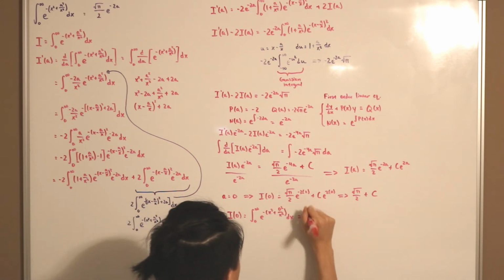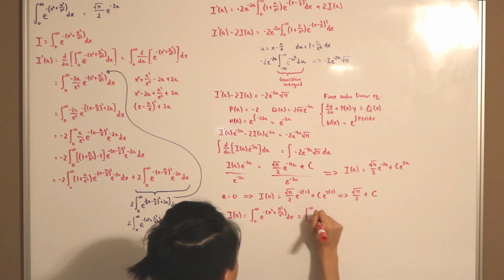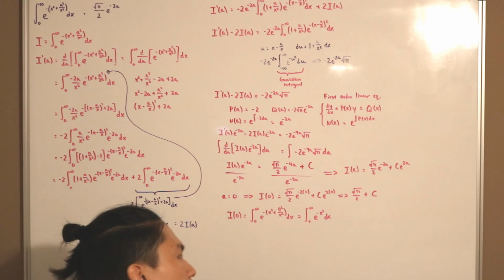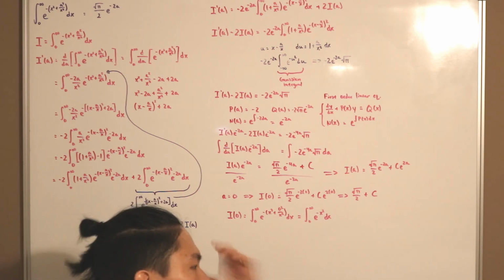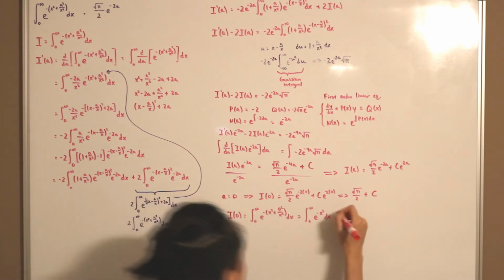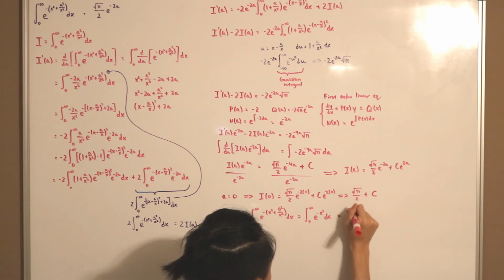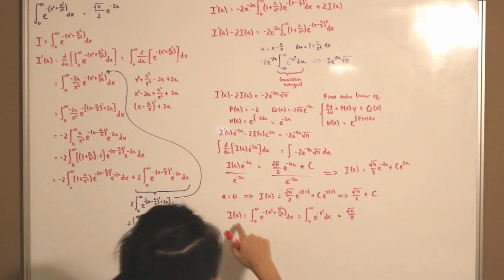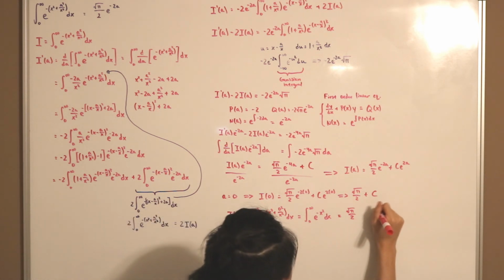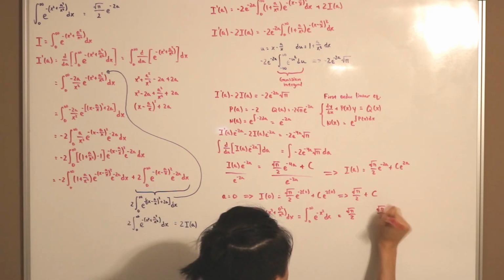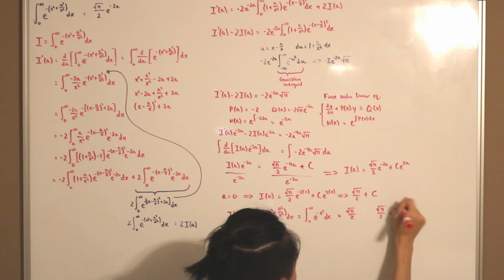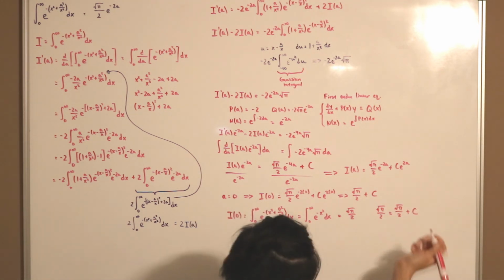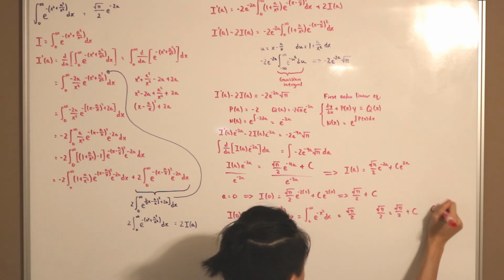In other words, this is the integral from 0 to infinity of e to the negative x squared, and that's the Gaussian integral again, but it's half its area since it's from 0 to infinity, so it's just the square root of pi divided by 2. So now we have that I of 0 is equal to the square root of pi over 2, and we set that equal to the square root of pi divided by 2 plus c, where we obviously know from simple algebra that c is equal to 0.